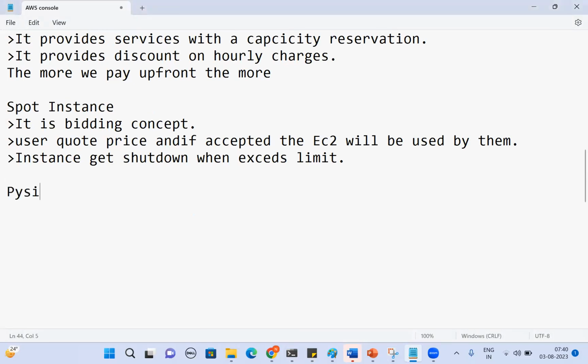The next one is physical EC2 instances. What does physical mean? Till now we discussed the cloud and everything, but now the tutor is talking about physical EC2 instances. What it means is, sometimes you have a machine located in New York, and you have a license for it, and the application is running on it.